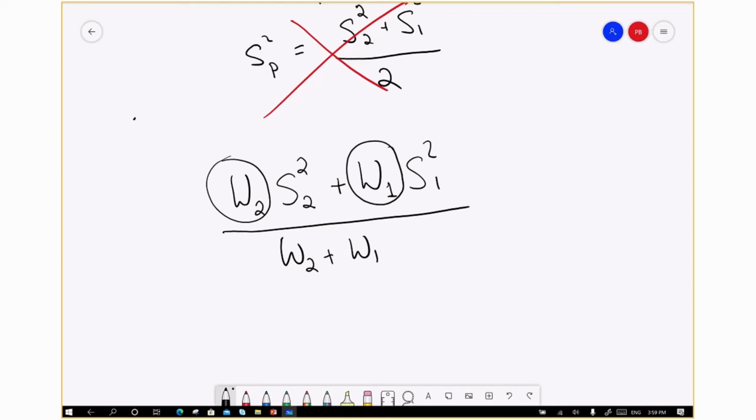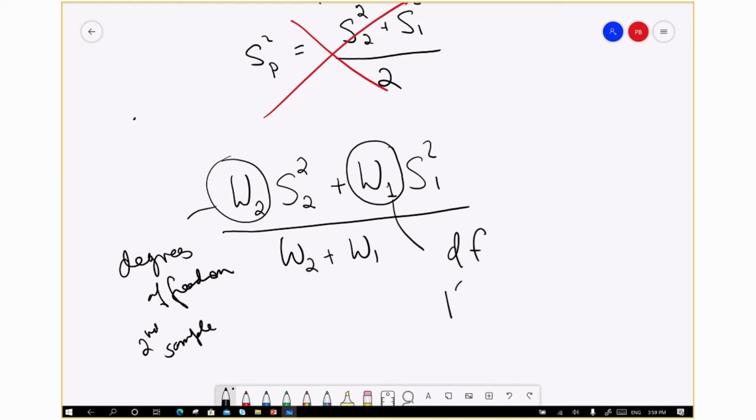What are these weights going to be? These are going to be the degrees of freedom associated with the second sample and the degrees of freedom of the first sample, respectively.